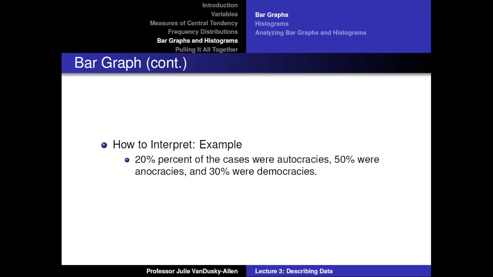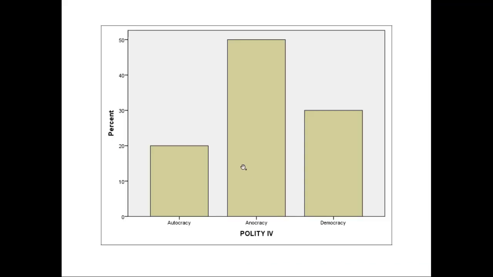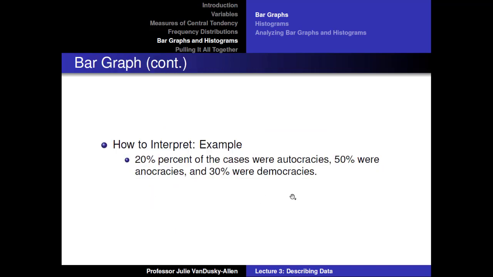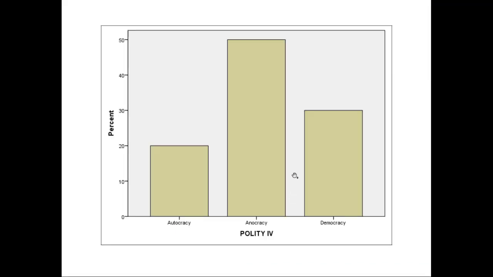So, in the bar graph, I made it so that the bar went to 20 above autocracy. Similarly, there were 50% of cases that were anocracies and 30% that were democracies. So I put the bar above anocracy to 50 and the bar above democracy to 30.